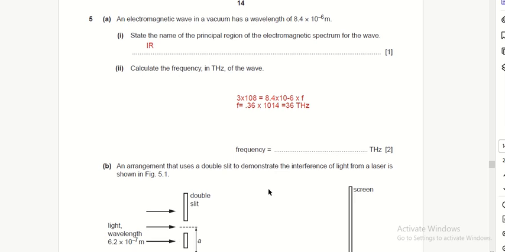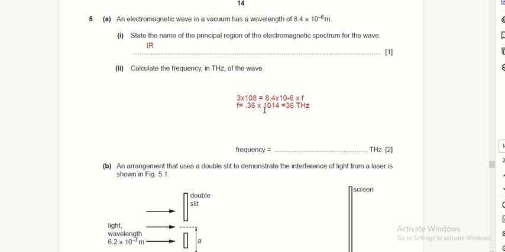We have electromagnetic radiation with a wavelength of around 8 micrometers. In which region? In the IR region. Frequency can be calculated from the relation c equals lambda f. We have c, we have lambda, so we can get f.